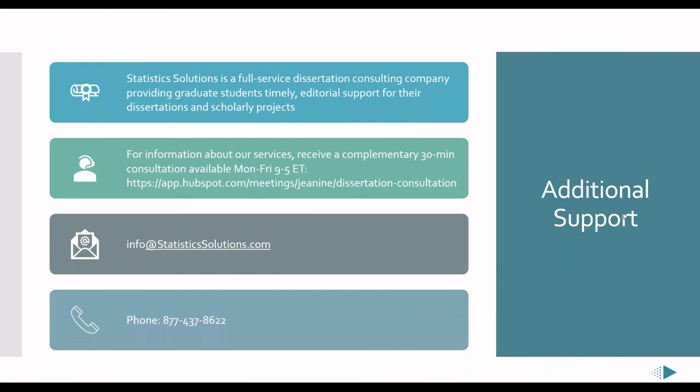Generally in the social sciences, that would be 0.80 or 80%, and the level of significance that you are aiming for. So again, in the social sciences, that's generally set to 0.05 or 5% type 1 error rate. And you'd enter that information into GPower, and GPower would give you a target sample size for that analysis.